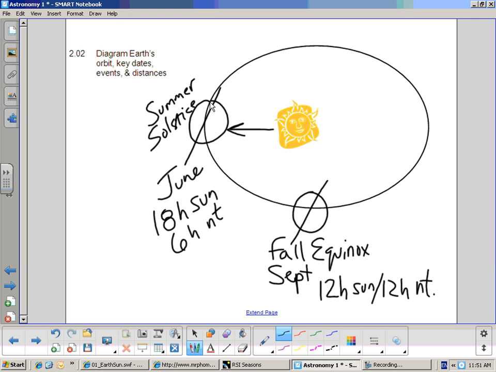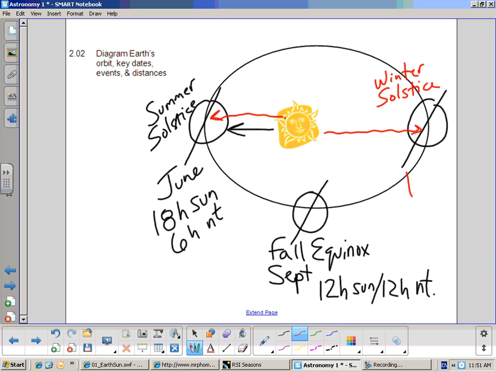Fall equinox. When we move over, now we're in this part. Notice who's getting more sunlight now. We have our southern hemisphere getting more sunlight, whereas here it was our northern hemisphere getting more sunlight. And we're going to call this our winter solstice.